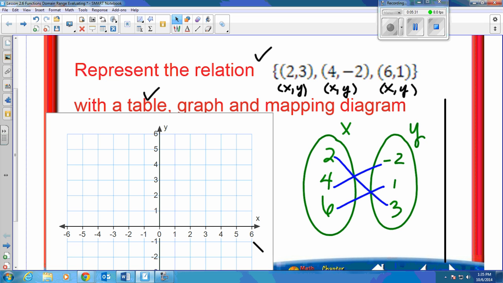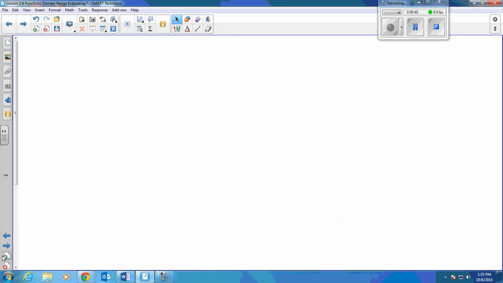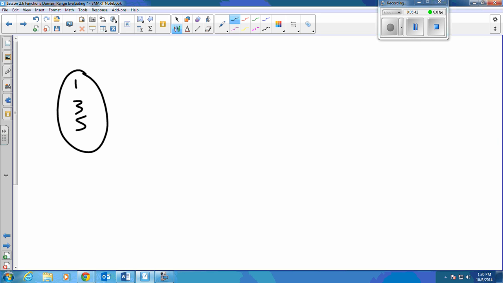Okay, so the question was, isn't there a situation on a mapping where somebody can have two? Okay, we're just going to do this. So I could have a mapping that looks like this.